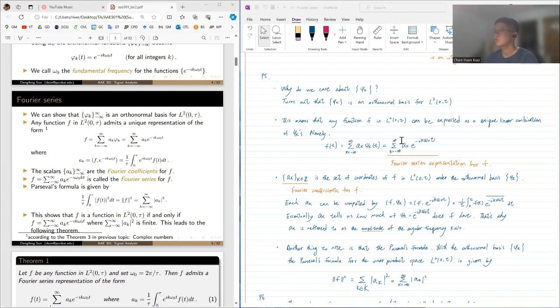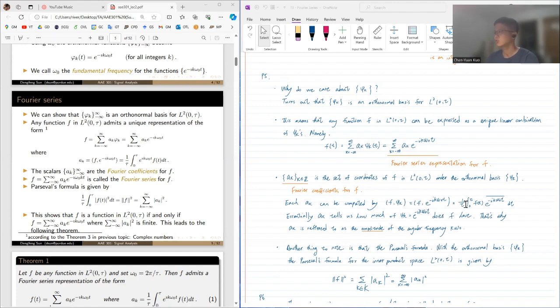Inside this representation, the coefficient a k is the set of coordinates of the function f in the Lebesgue space under the orthonormal basis psi k's. In Fourier analysis, this set of coordinates are called the Fourier coefficients for f. Here, each coefficient a k can be computed by the inner product of f and psi k.